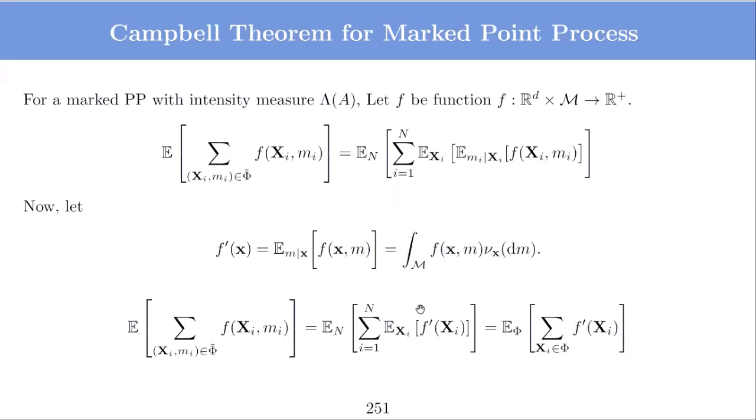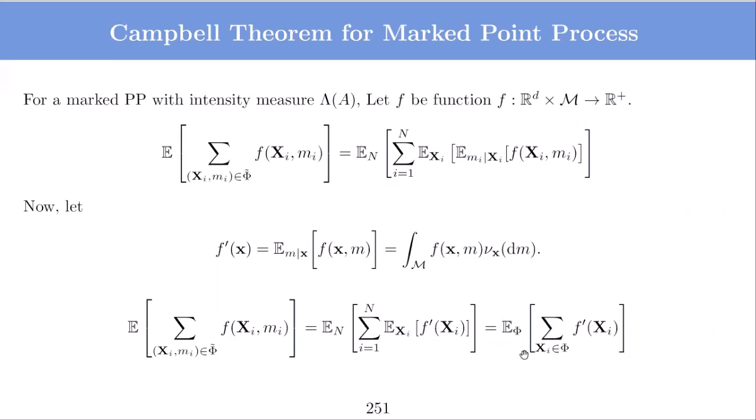So I can replace this by f prime of x, and this will become just the summation of E over xi of f prime of xi. Now I have computed the expectation over the mark inside, so the remaining term is just a function of xi. If I combine this and n to get expectation with respect to phi, what I get is the expectation with respect to phi of the summation of f prime of xi.